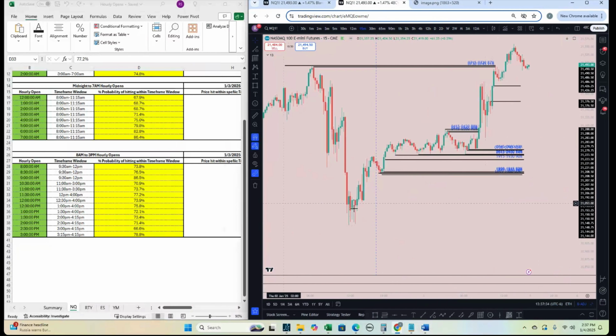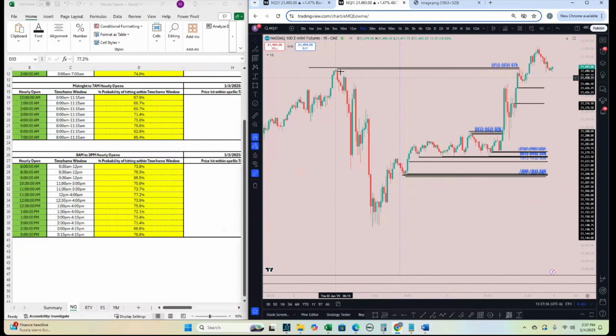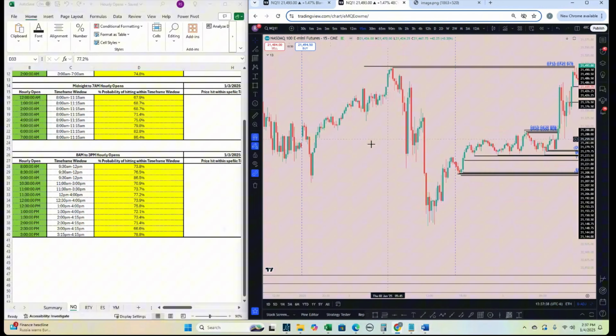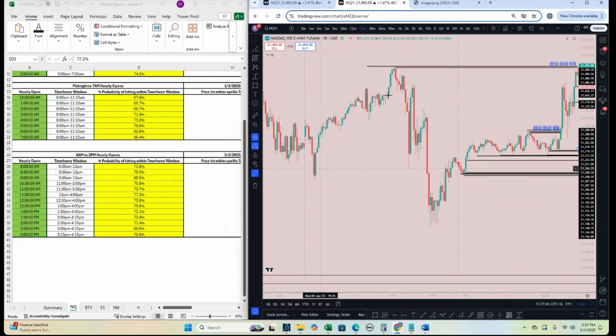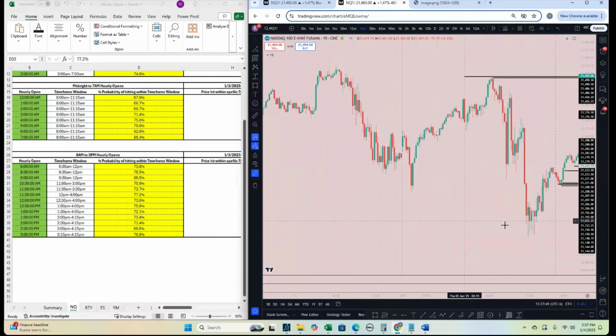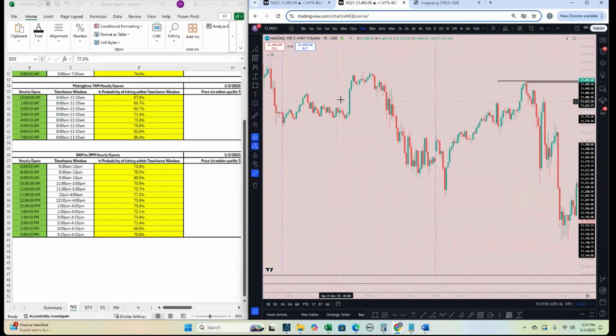So on this day, it happened. We had all these areas that we didn't mitigate yet. When the candle broke down and we created our distribution candle, we distributed downwards. And so you'll see, boom, same thing.